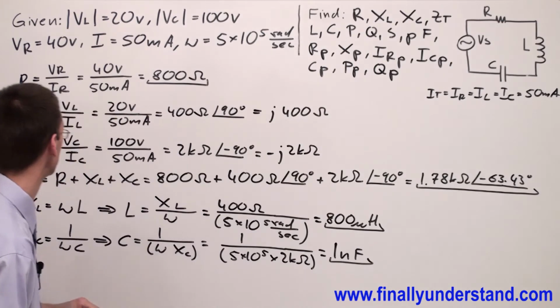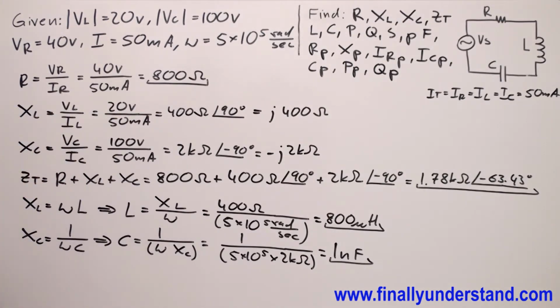In order to find the true power, I'm going to write the formula: true power is equal to I R squared times resistance. Why am I using this formula?